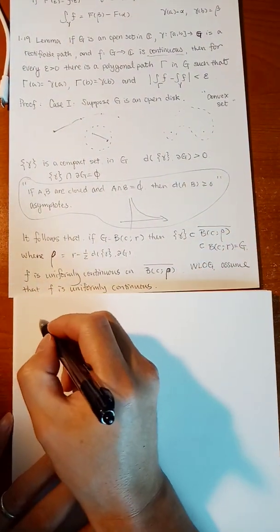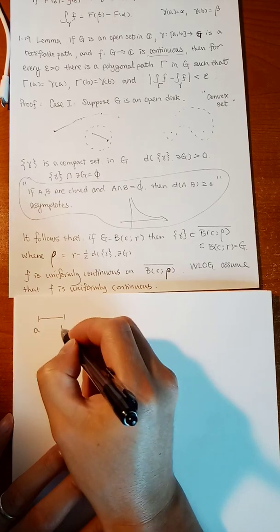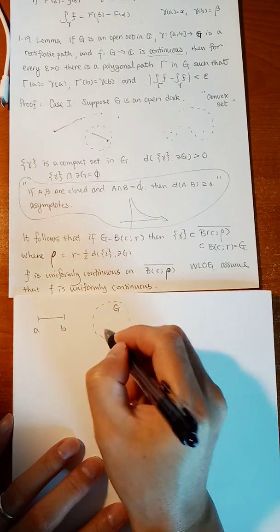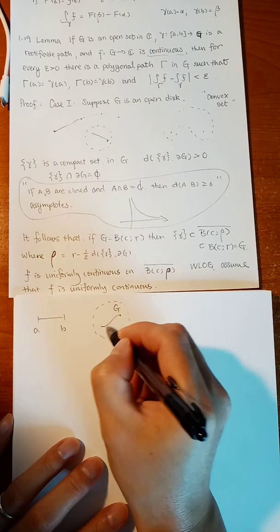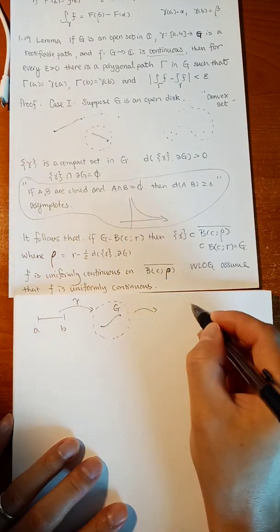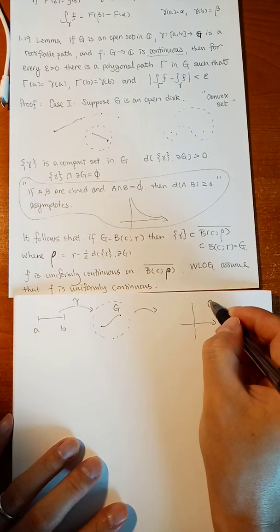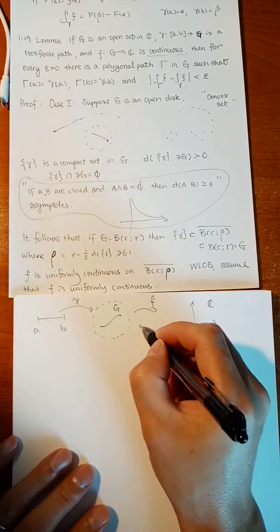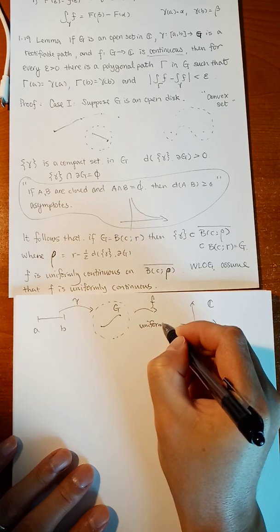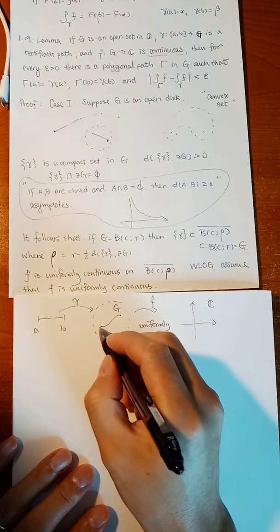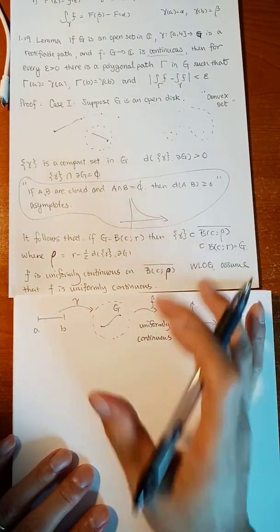Okay, so let's see. We have several things: the interval AB, disk G, trace gamma, complex plane C, and F. F is uniformly continuous because we get a compact set.